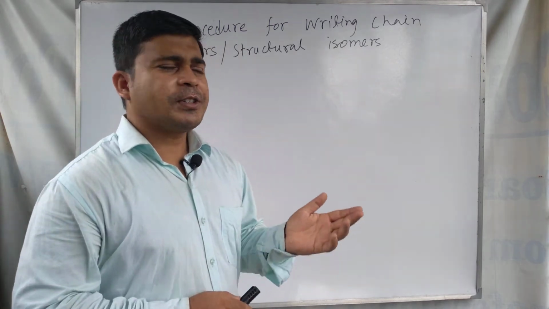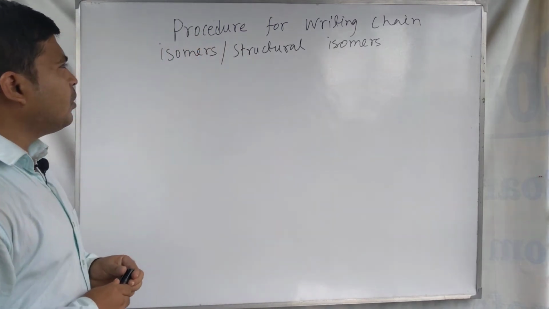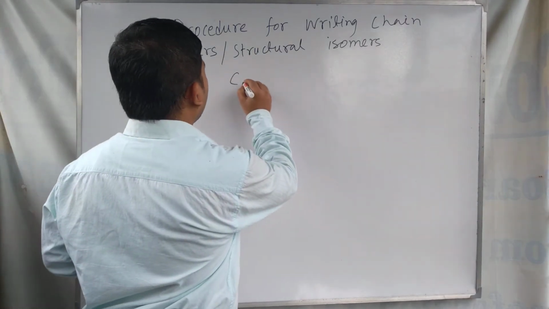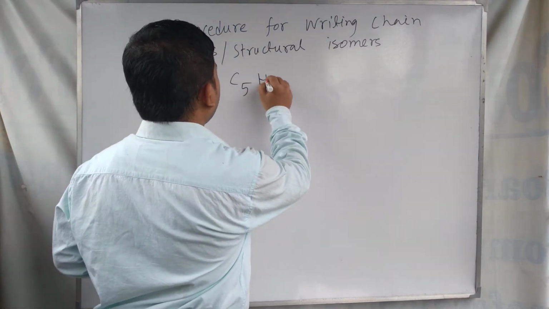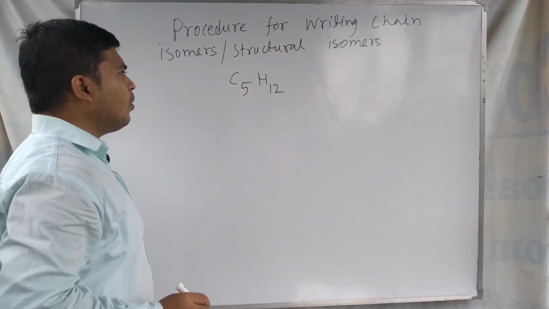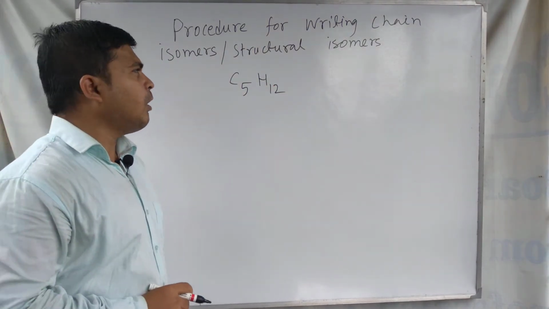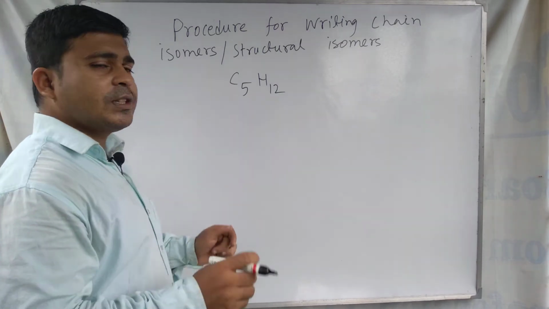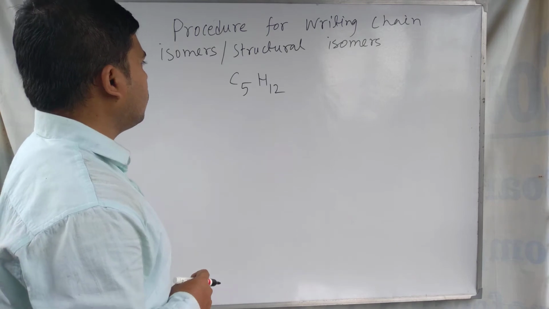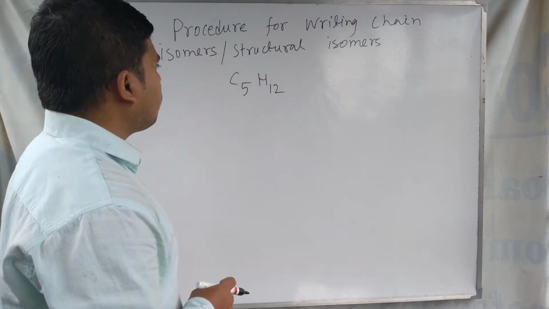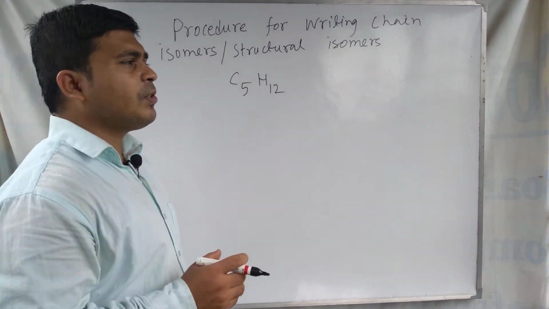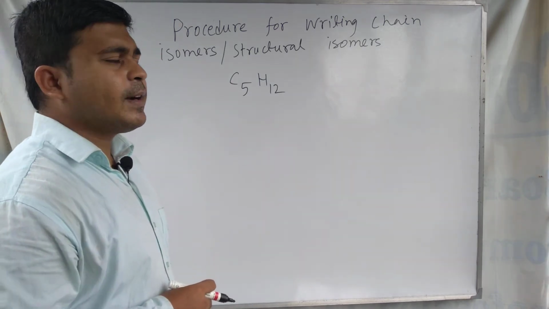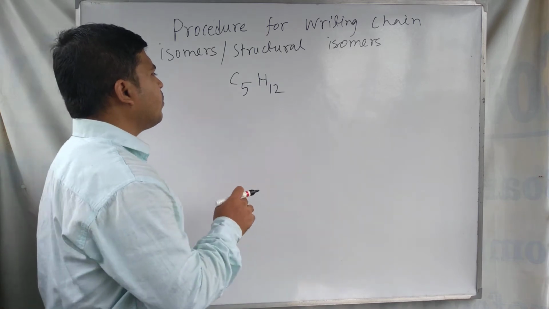So we start our discussion about this topic, the procedure for writing chain isomers. Suppose we have the molecular formula C5H12. Using this molecular formula we can write the chain isomers or structural isomers. Same molecular formula but different structures and different compounds can be drawn, which have different physical and chemical properties.